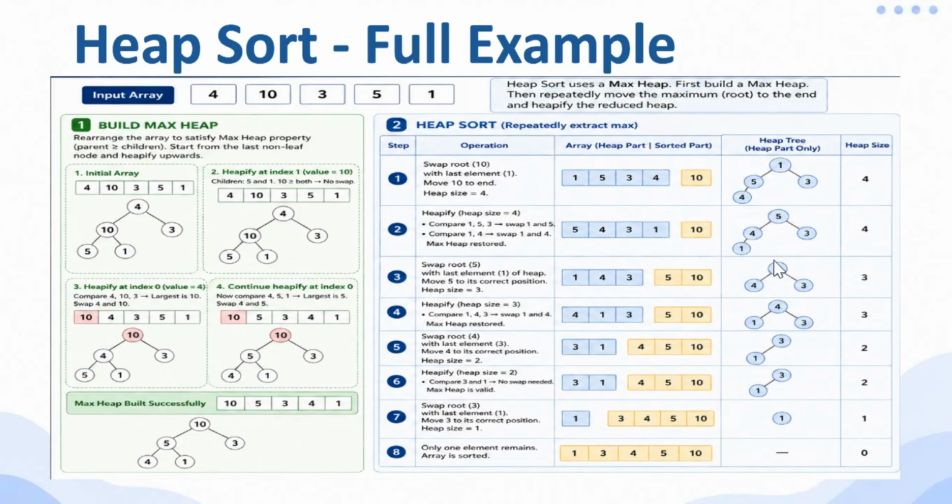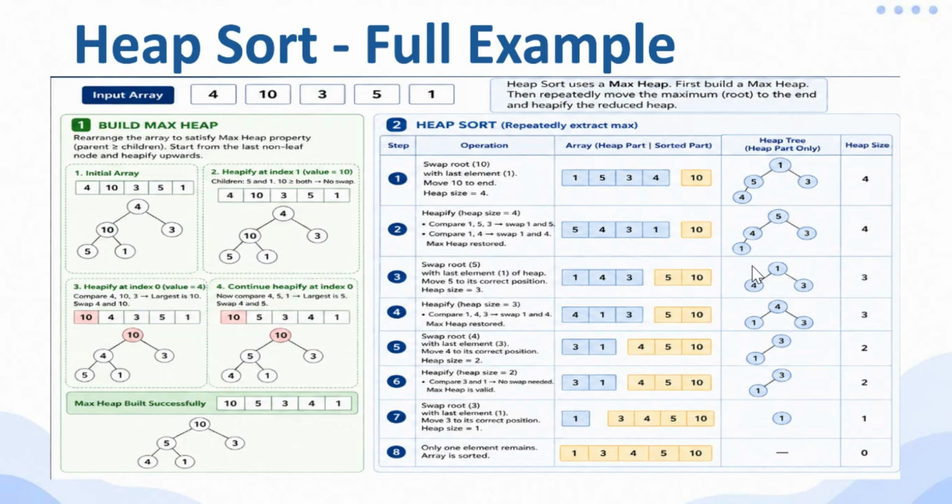Again the root contains the largest remaining element, which is 5. And now 5 joins the sorted section. We have reduced the heap size to 3. Now the largest element is 4 here, so we need to swap 4 and 1.